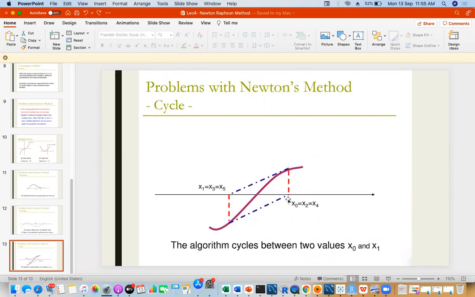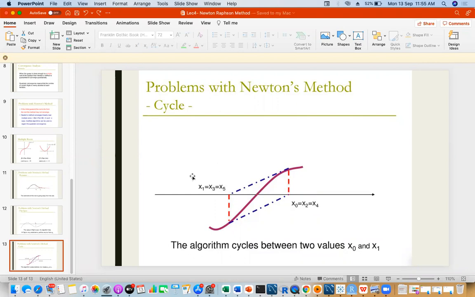But here we will be repeating the same steps. Again we try to find the f dash of x2, again we will get here and again we will just get stuck. So this case we call a cycle. In this case Newton's method will not be a better method.